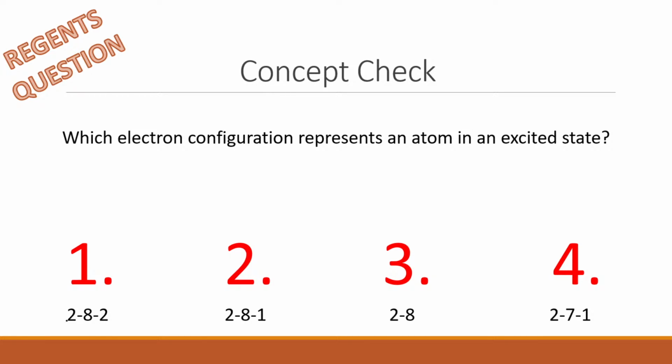So here, what we're looking for in the excited state is 1 electron out of place. 1 electron higher than it should be.